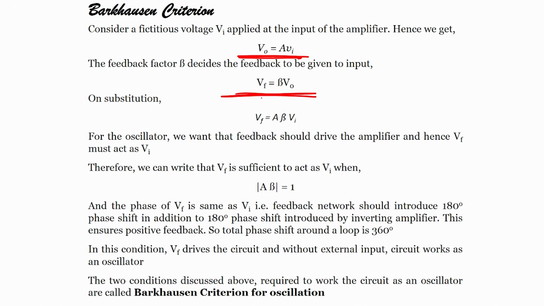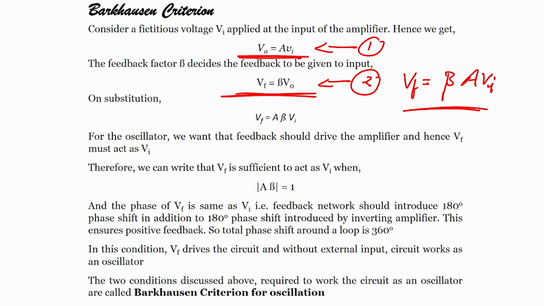So, Vf is nothing but beta times Vo. On substituting the value, what we get? We know Vo equals AVi, and we have Vf equals beta Vo. So, if I substitute the value, we have Vf equals beta times AVi. Right.